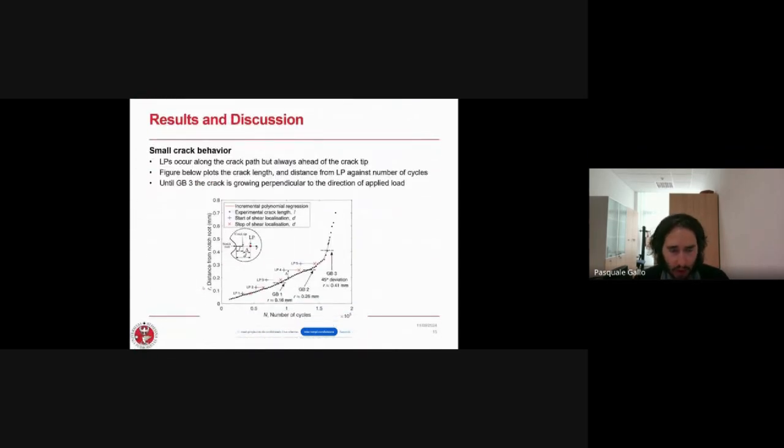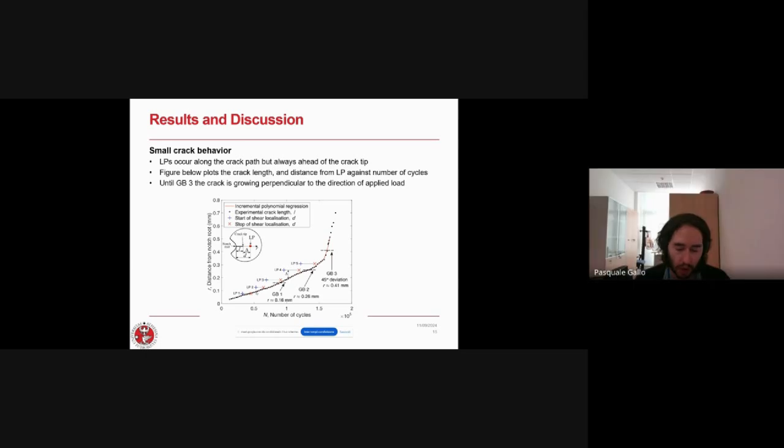And here comes the crack length. Here we can see very well that the strain localization points are always ahead of the crack tip and also how they position themselves relative to the grain boundary. If we plot this graph with the x-axis as the number of cycles, we see that the experimental crack length is always below the start or the stop of the shear localization.